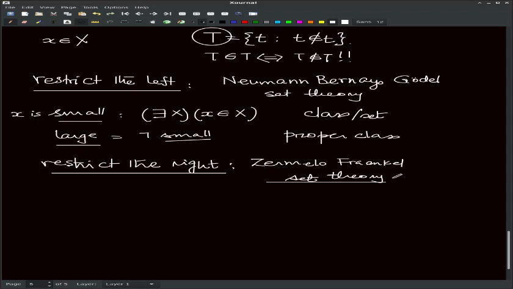That is precisely the reason why I don't like ZF, because I need a handle to crank and to manipulate things which are also large.